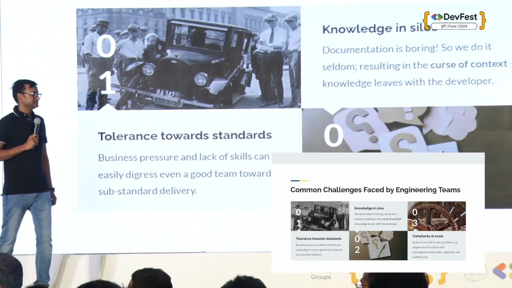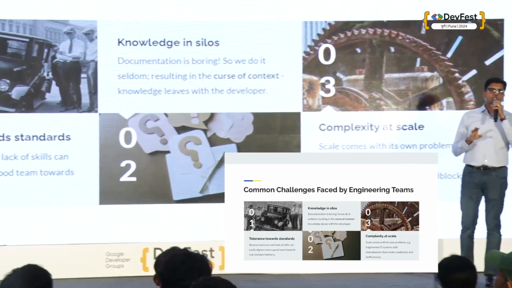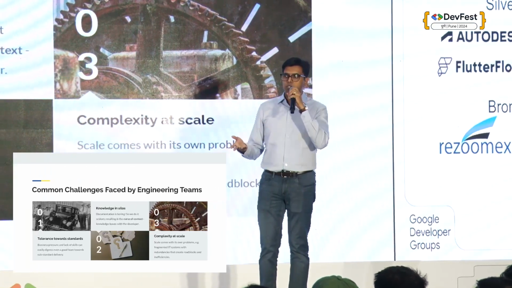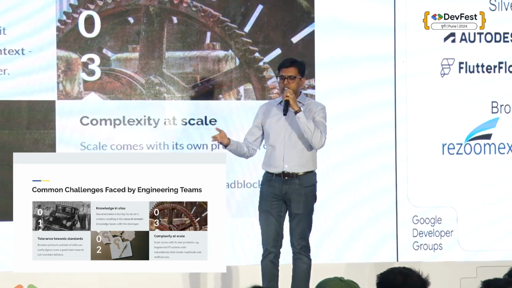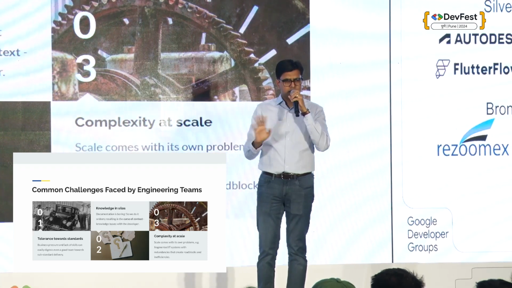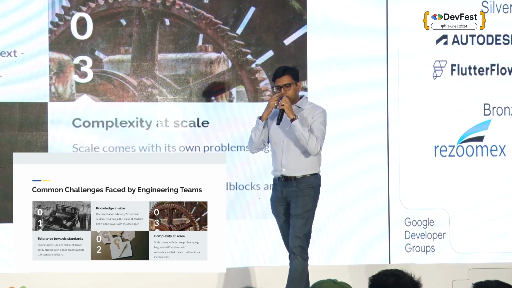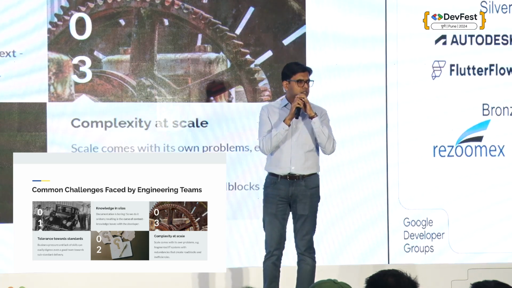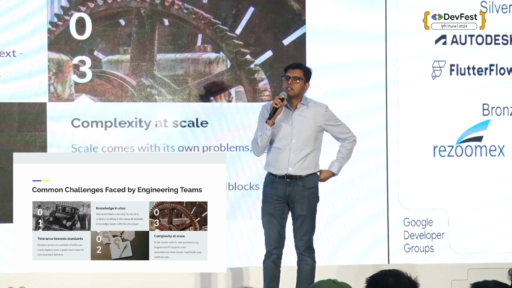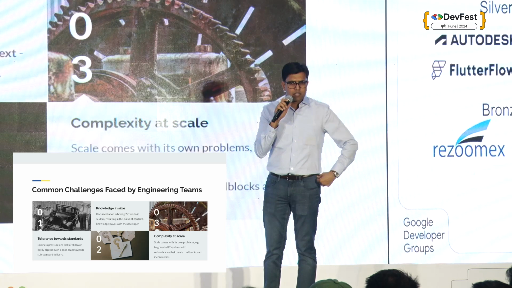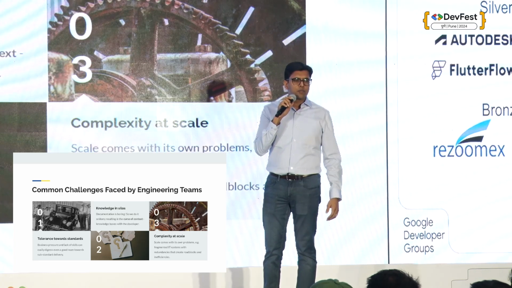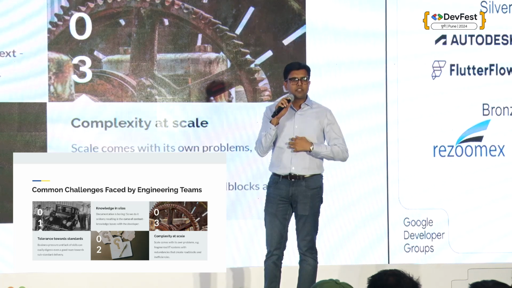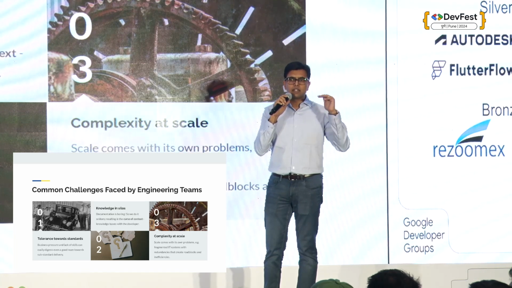Okay, so I'm going to speak about a few challenges that engineering teams face. What I would like from you is that every time I speak about a challenge, if you face this challenge, raise your hands, good enough, all right? The first challenge that we have is tolerance towards standards. Do we all understand what standards mean? Quality? Quality is fine. What is good quality, if anyone knows? In my definition, good quality is the standard that you tolerate.